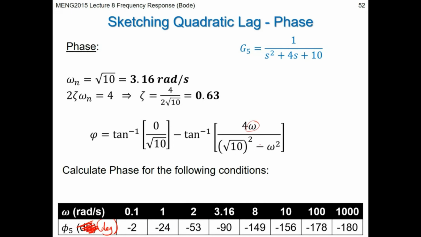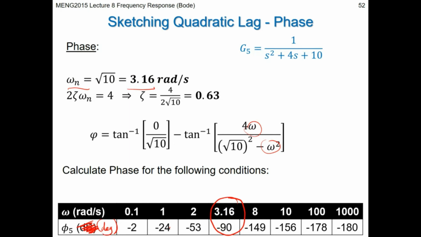At 1, put 1 in here and here, you get minus 24. At 2, again here and here, you get minus 53. This one is significant. This 3.16 is our natural frequency.